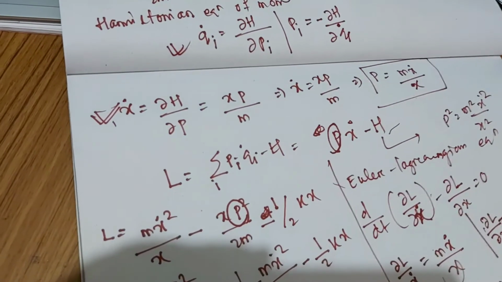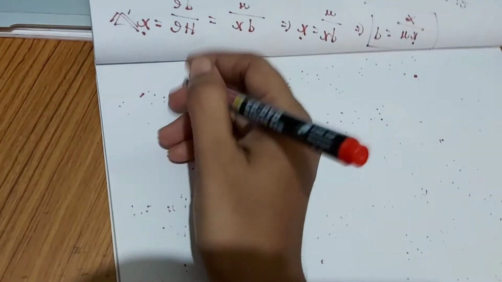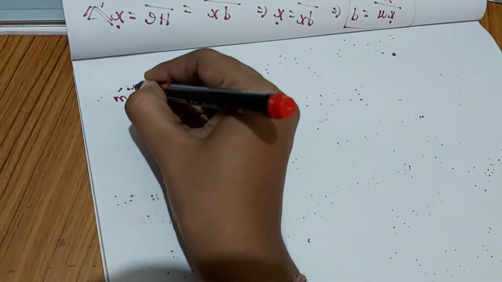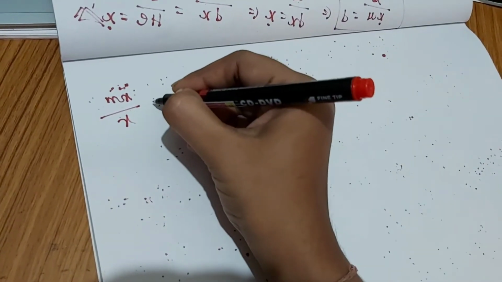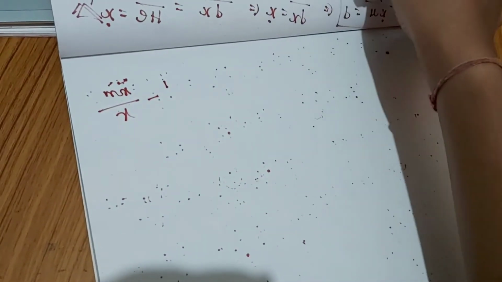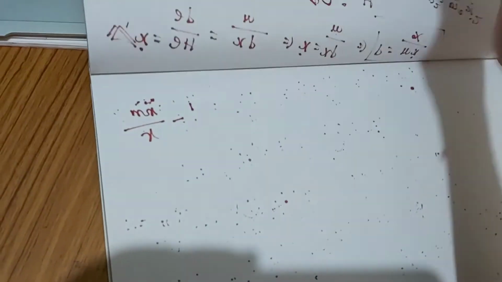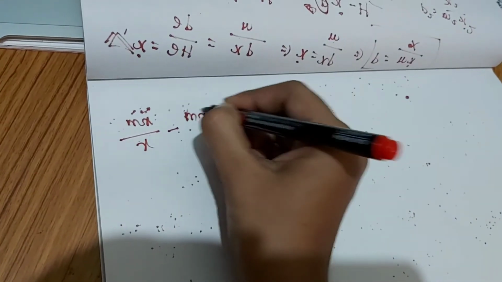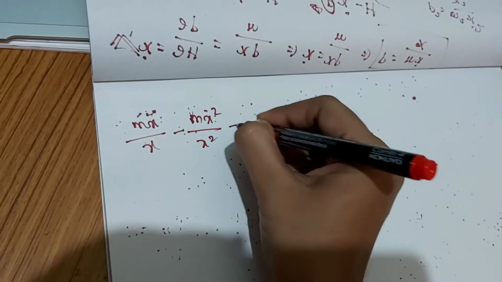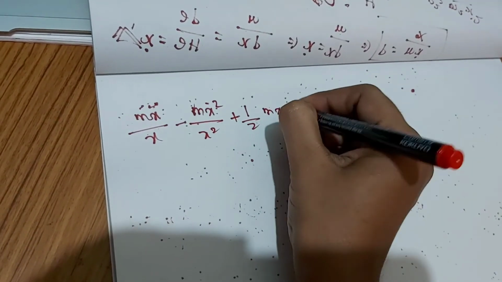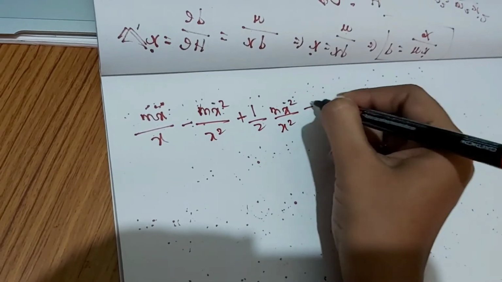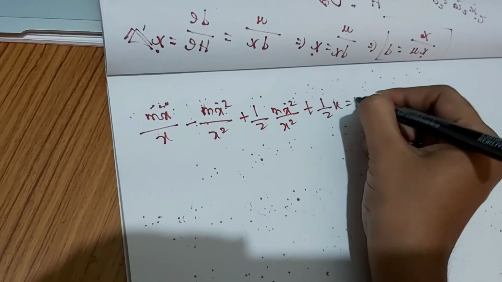Okay, this is m ẍ by x, m ẍ by x, and this is minus m ẋ² by x² minus m ẋ² by x² plus half m ẋ² by x² plus half k equal to 0.